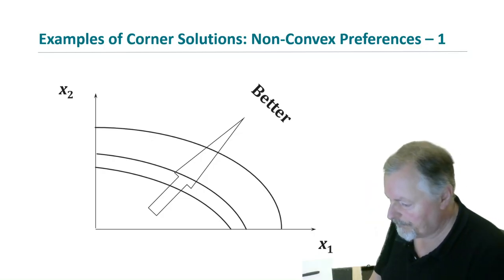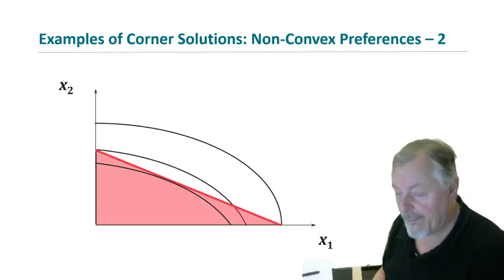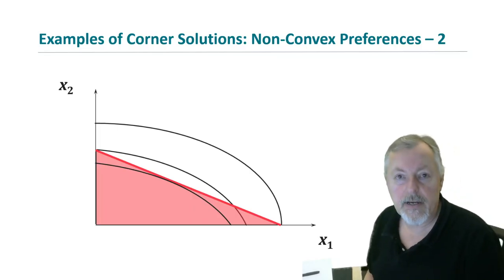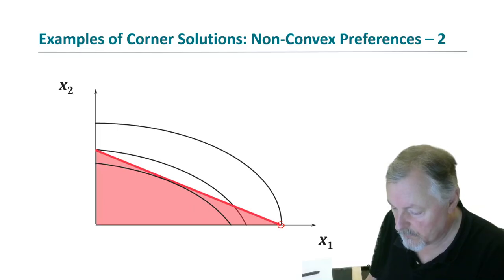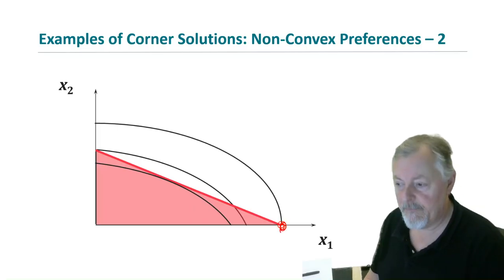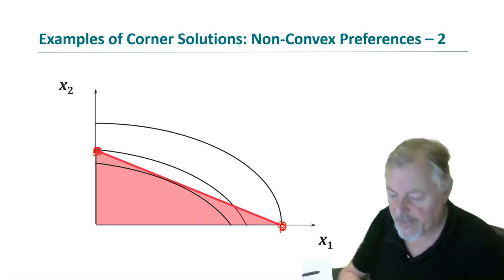Imagine a person, well, actually have it on this one. This is a budget constraint. This person can spend all their money on X1 and have that many, or they can spend all their money on X2 and have that many.